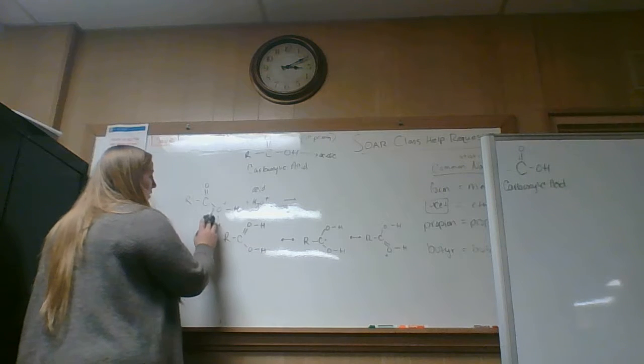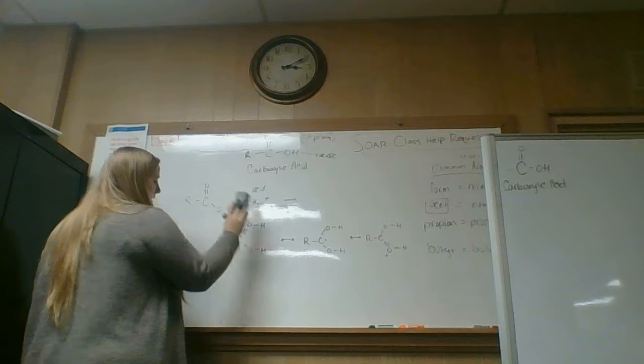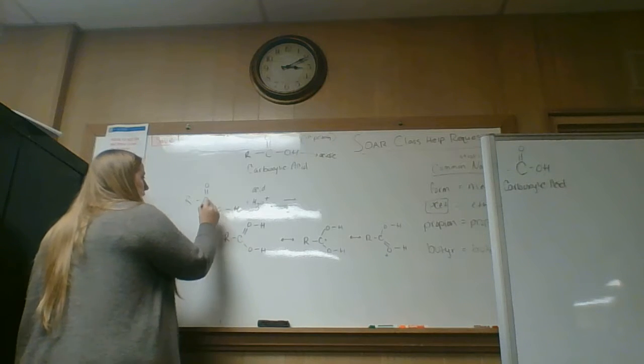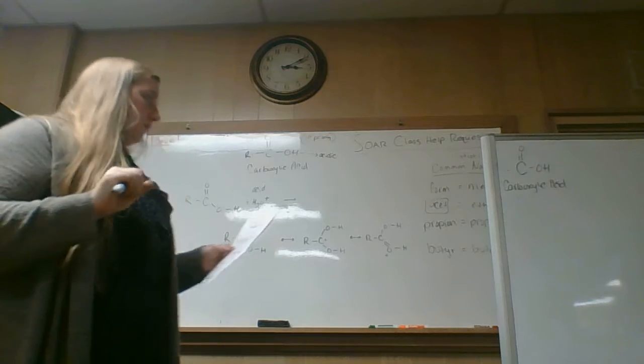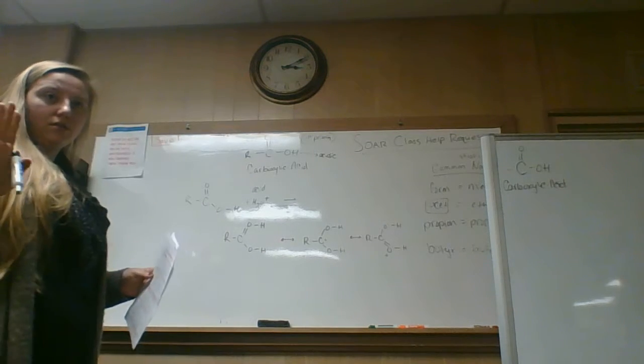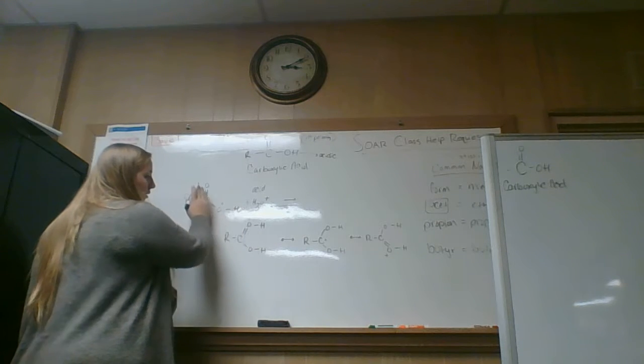The reason that the hydrogen is not being added on this oxygen is because it's not able to, what's the word I'm looking for? Delocalize that positive charge. Essentially, this positive charge doesn't have anywhere to go.